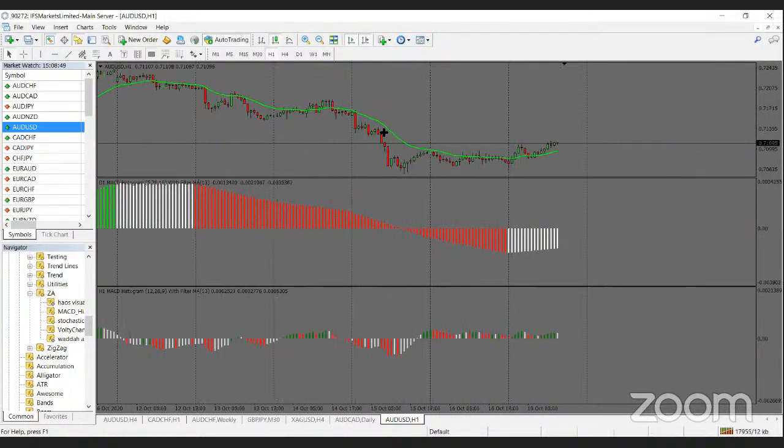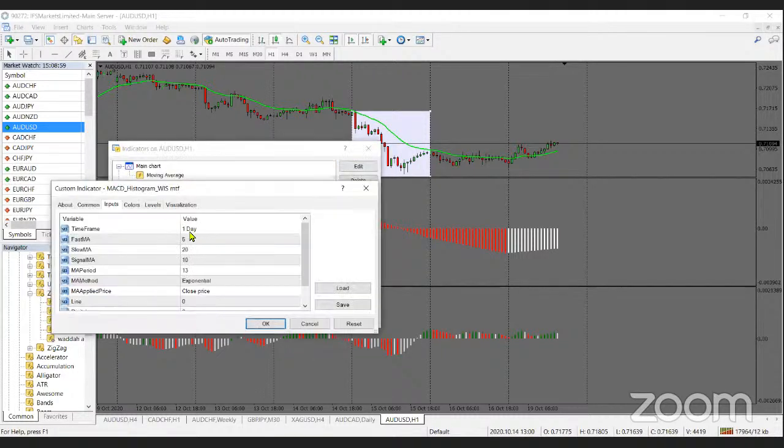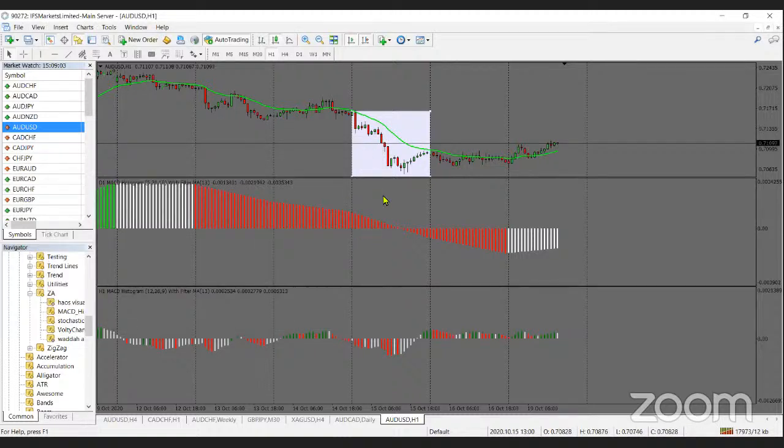So let's take, for example, this portion. Like I say, the top MACD, I've set it to measure 1 day. That means whatever you see over here on the day that you are trading is not confirmed, because it is constantly recalculating what happens on the daily time frame.